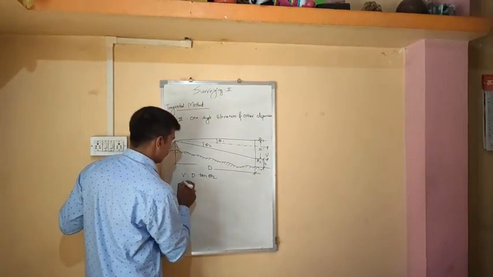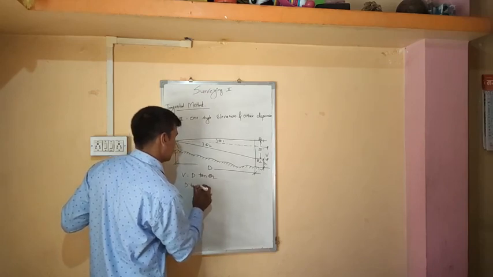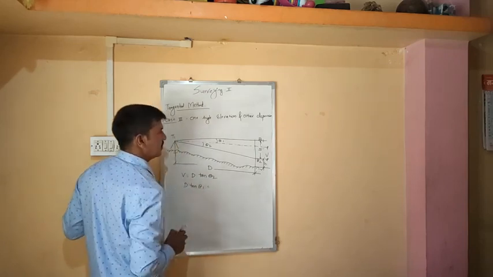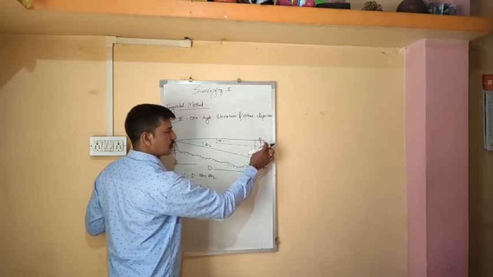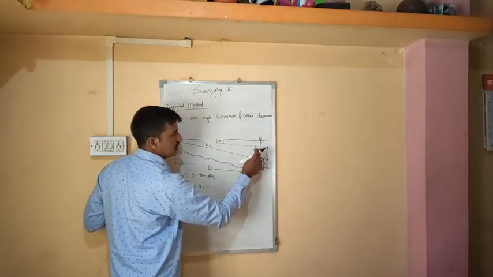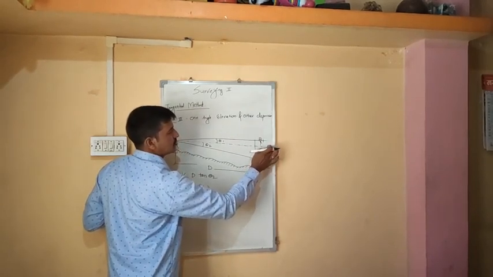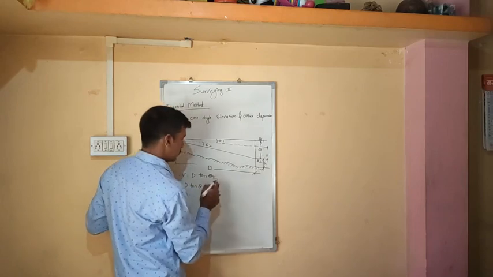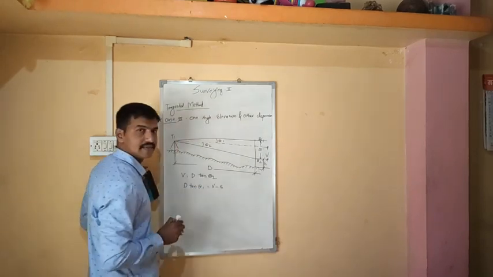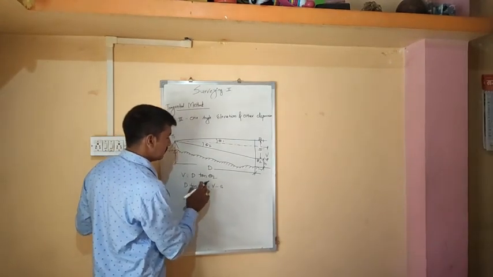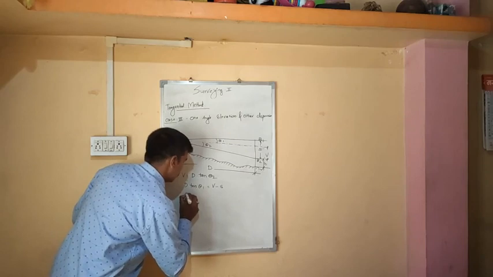If we would like to find D into tan of theta 1, it will be total S minus V. If you look at the trigonometry of this figure, B2 minus B1 is S, and from the instrument station to B2 it is V. Let us substitute V equal to D tan theta 2.